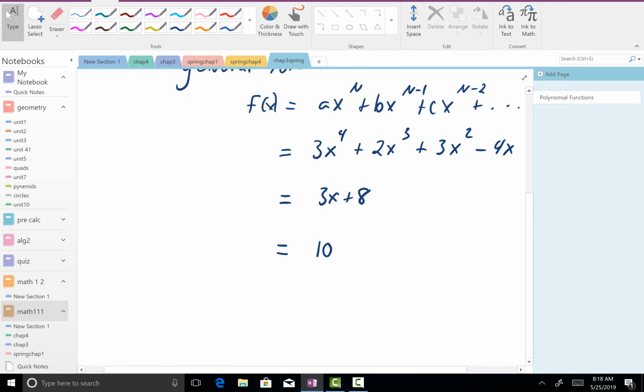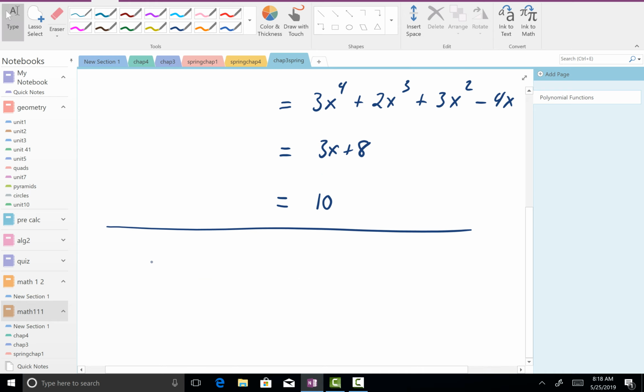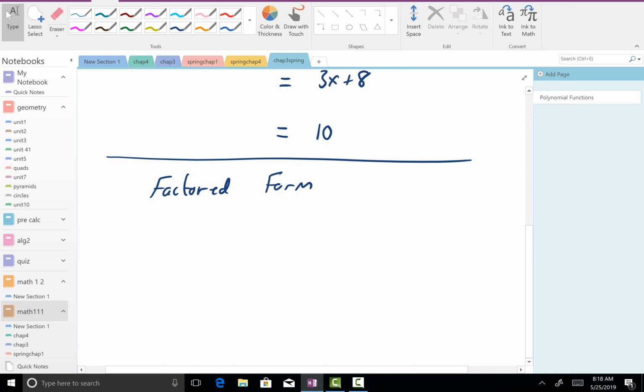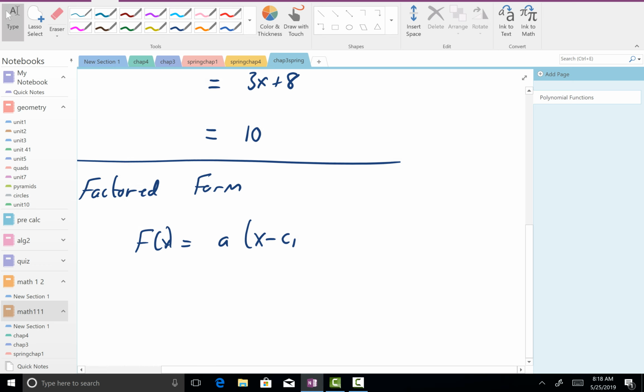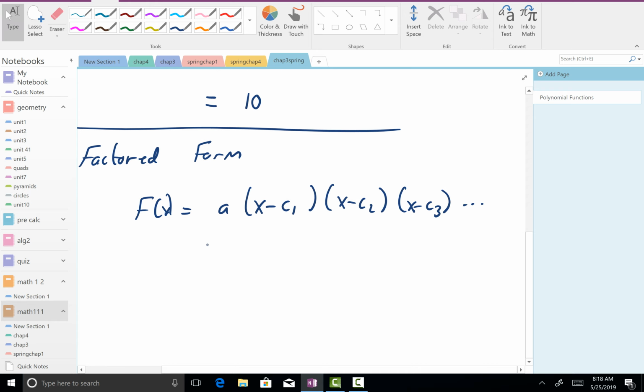There also can be written in what we call factored form. Here we would have C1 and C2 and C3 and etc. are your x-intercepts.